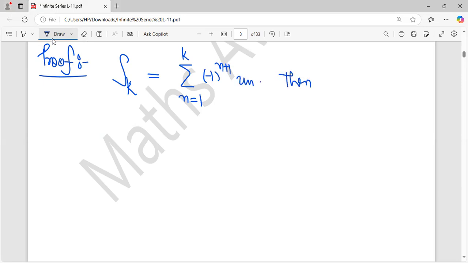Then S2m is equal to summation n goes from 1 to 2m, minus 1 to the power n plus 1, un.